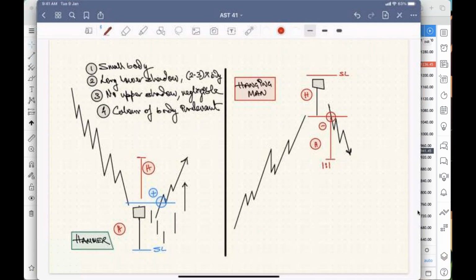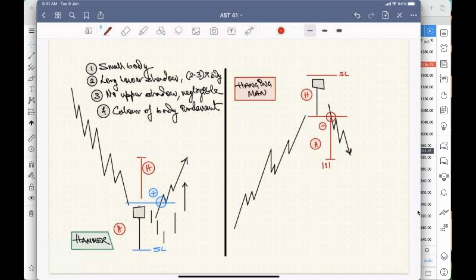Before I move on to the next pattern, try and understand why they are very good for short-term trend reversals. See what's happening in this hammer and hanging man example. One simple single candlestick, one day, one hammer is giving you enough information that it can go up.